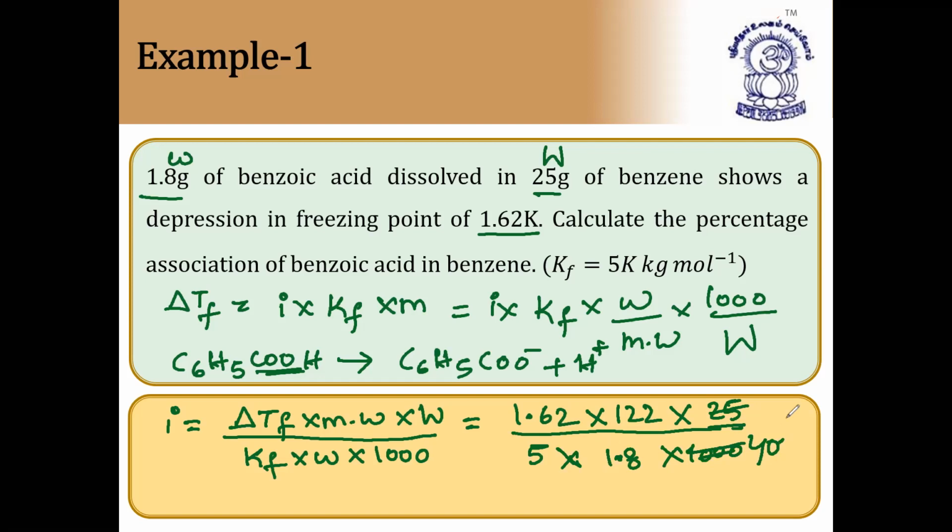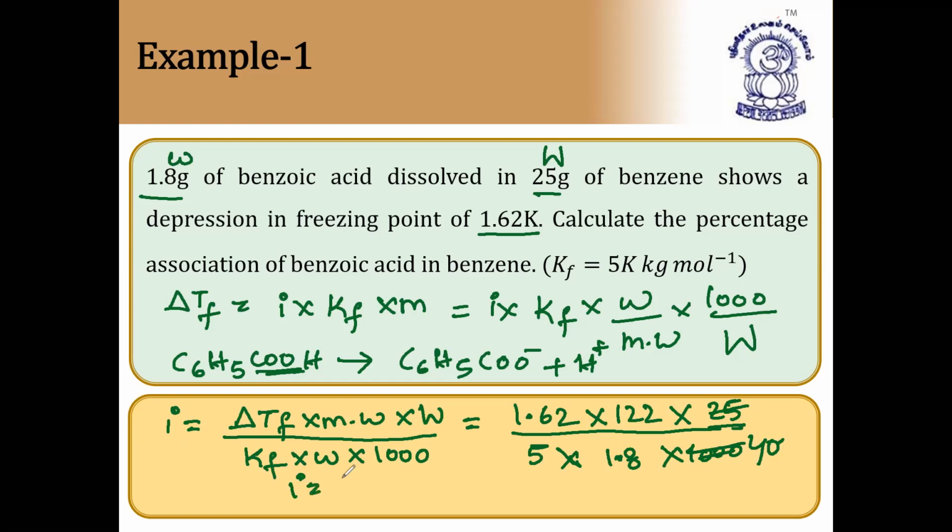So now the numerator: 1.62 into 122 into 1, that is 197.64.